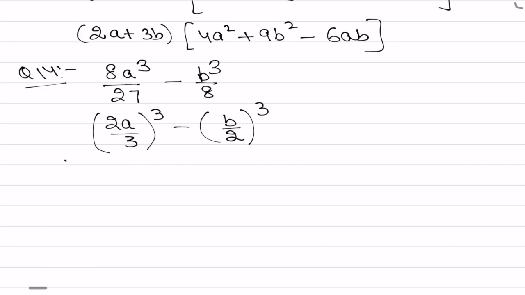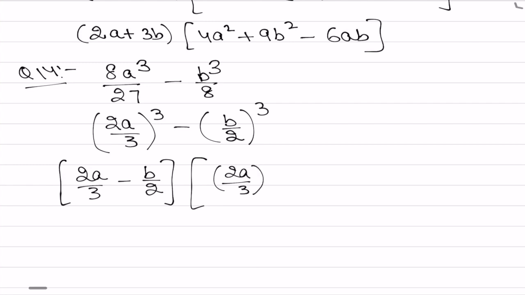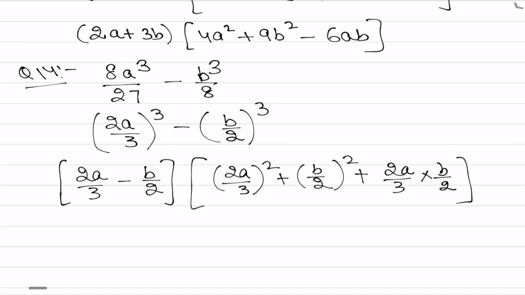So it becomes 2a upon 3 minus b upon 2 into 2a upon 3 whole square plus b upon 2 whole square plus 2a upon 3 into b upon 2. Here we can see 2 and 2 cancel.